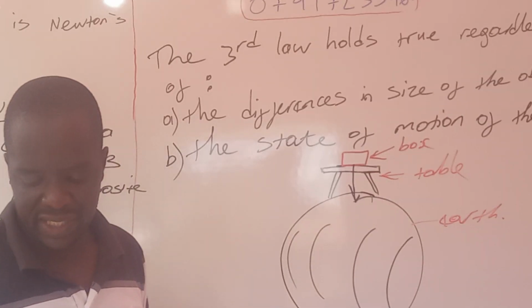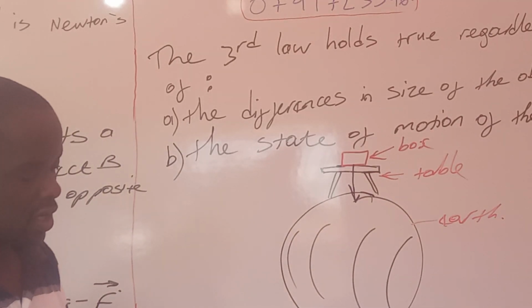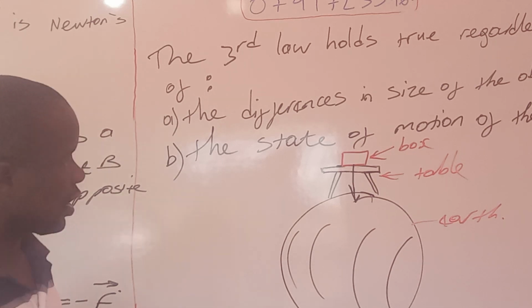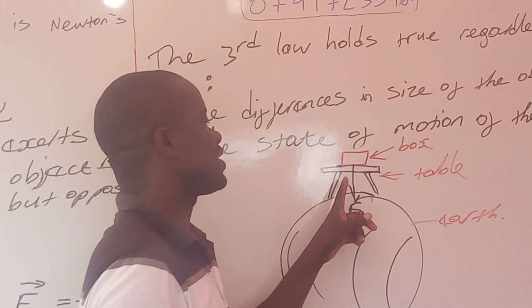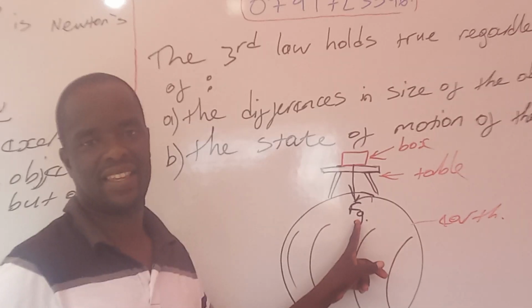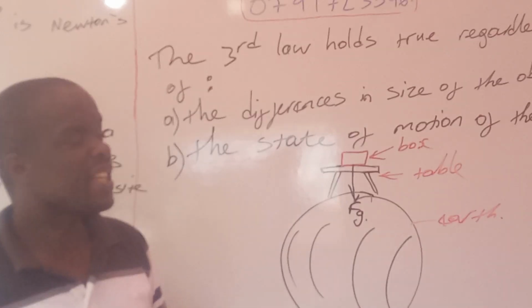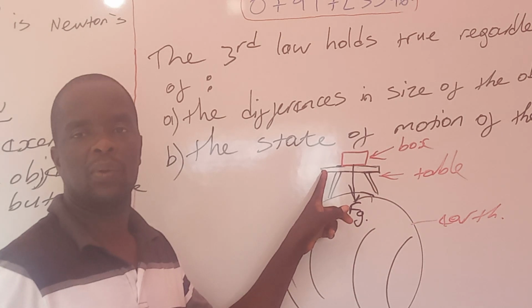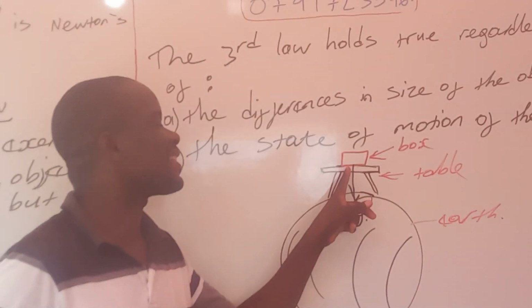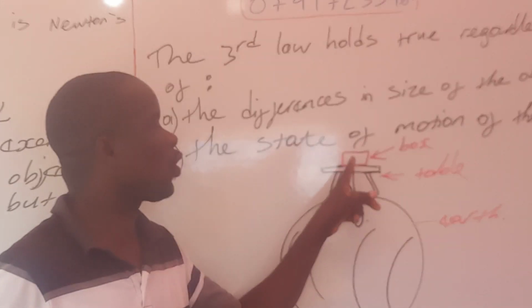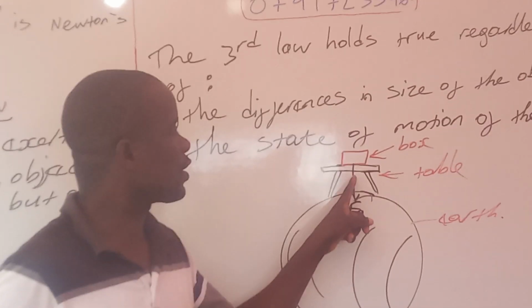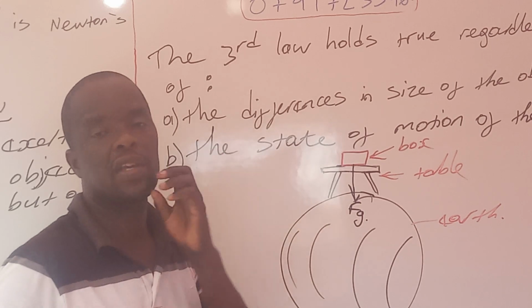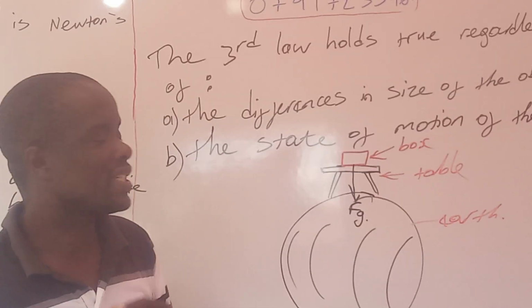Remember, from what we discussed in our previous course, we agreed that this box has a force of gravity that is pulling it towards the Earth. So now this table is exerting an equal but opposite force on the box. The table is exerting a force on the box which is equal in size but opposite in direction.